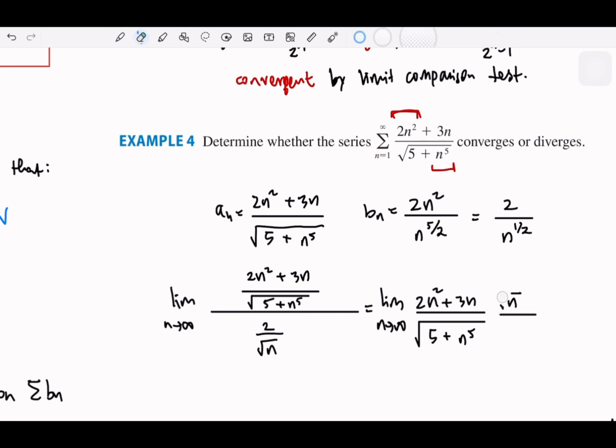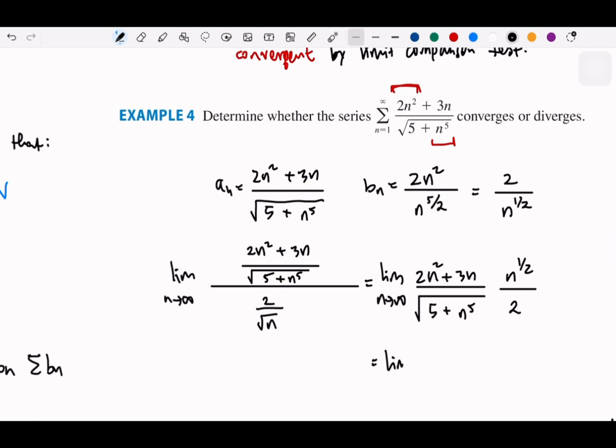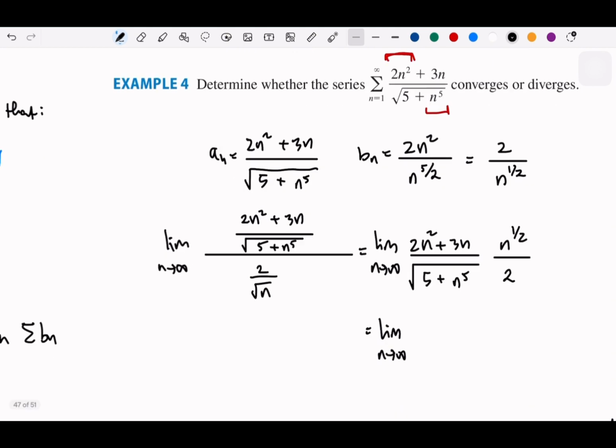Or let me write n with power half. And then basically we are going to solve it like in limit evaluations. So 4/2 minus 1 is 3, right?